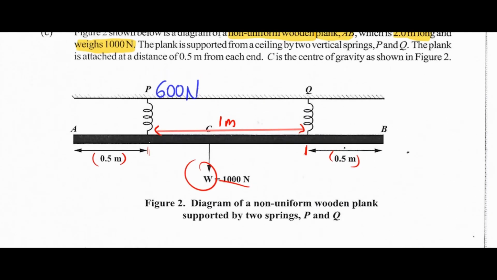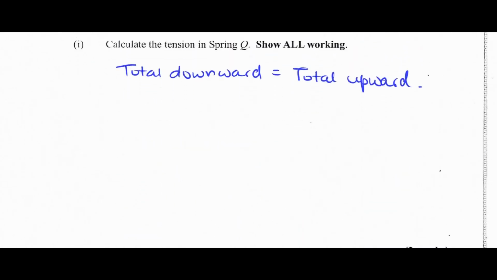Now, the upward forces are produced by the springs P and Q, and that would mean that the total upward would be equal to 600 plus Q. So if we write out an algebraic expression for this, 1000 newtons would be equal to 600 newtons plus Q. Now, if we do a bit of transposition and make Q the subject of the sentence, Q is already positive, so all I would need to do is move the 600 here.